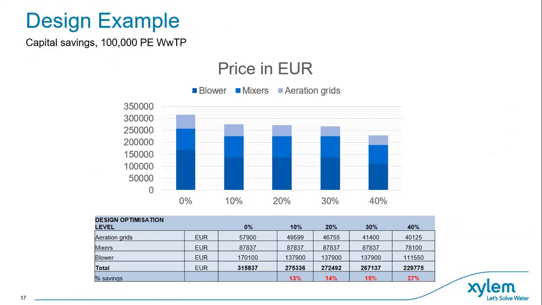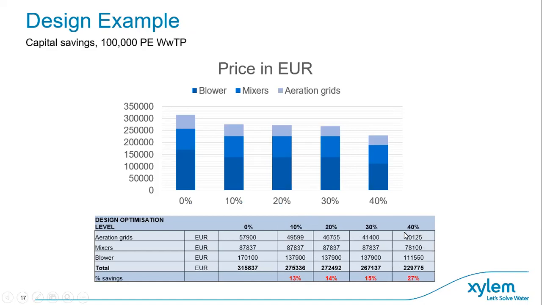So this is a design example, what the impact could be on capital savings. So for example, if we were able to optimize the system only by 10%, we have about a 13% saving on cost by doing this.